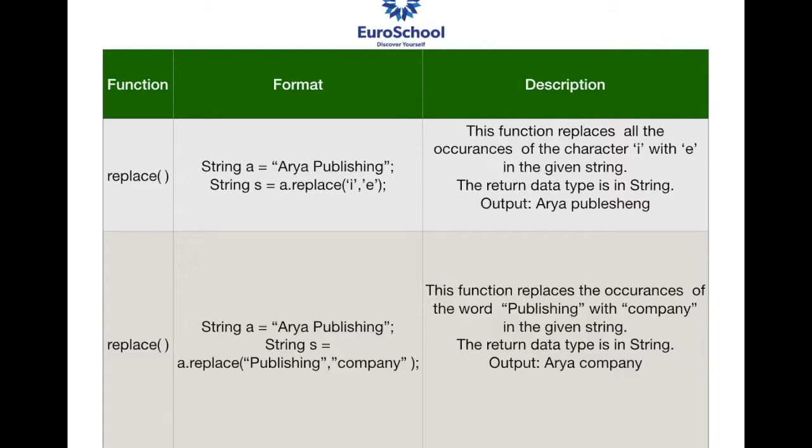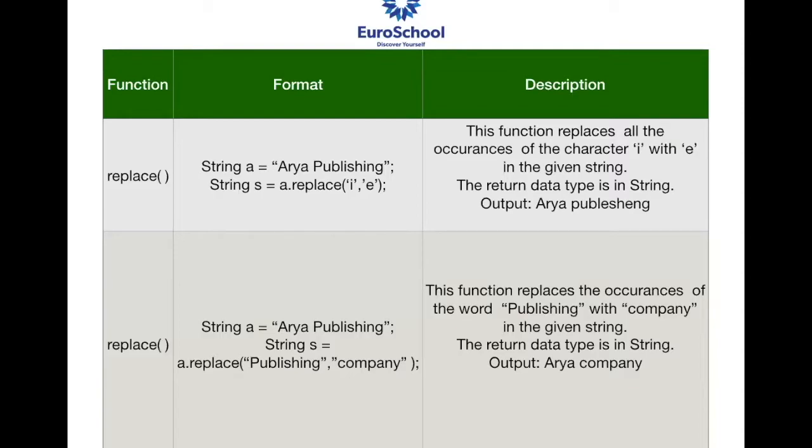Ma'am, I didn't understand the Arya Publishing one. Which one, single character or the whole word? The whole word. A whole word is, when you have a blank space, after that it starts till it gets the next blank space. It is considered as one word in your normal way also. If I say Janvi, Janvi is one word.